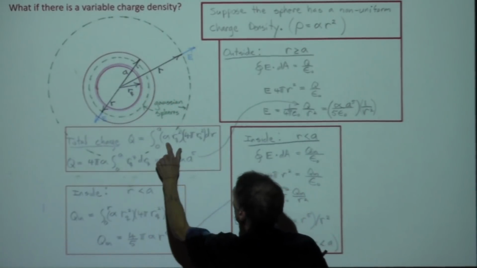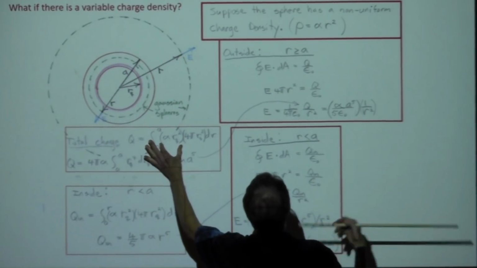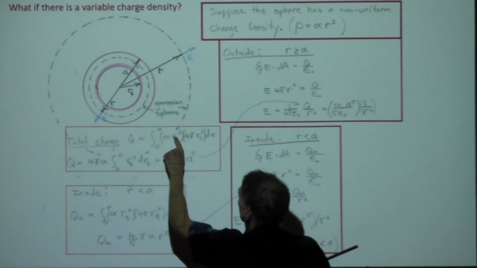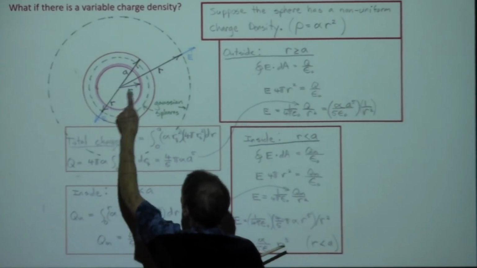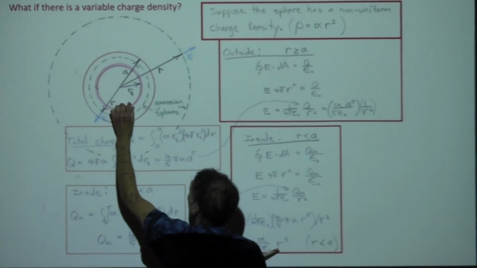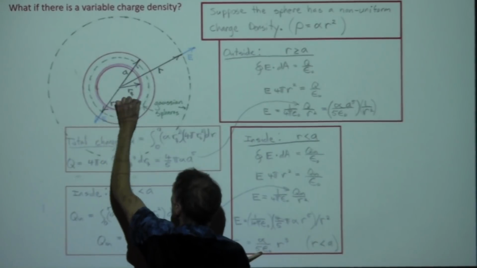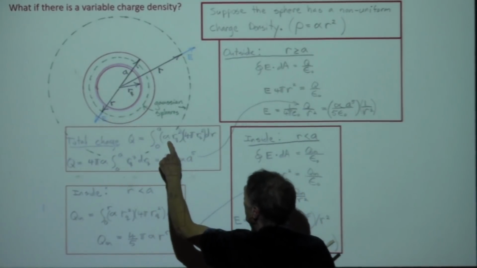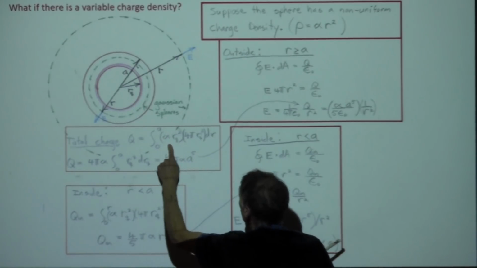That ring would have the charge density, this alpha r squared. When I'm using r sub q, so as not to confuse it with these other r's, this would be the r of that particular ring or that layer of material. And so the density would depend on that.